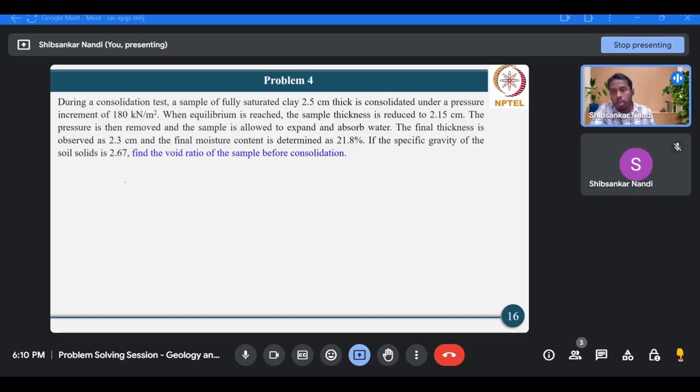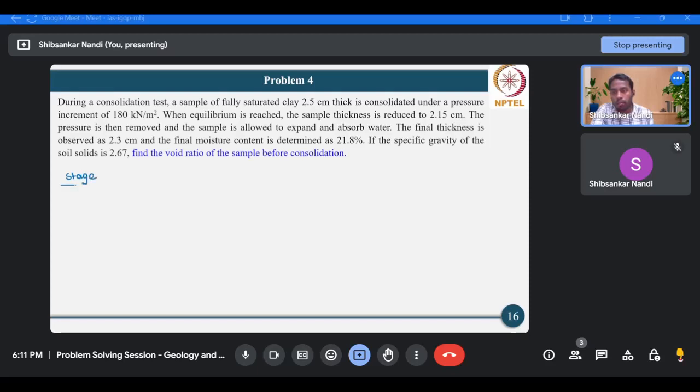Now if we write this in a tabular form, this is the stage.